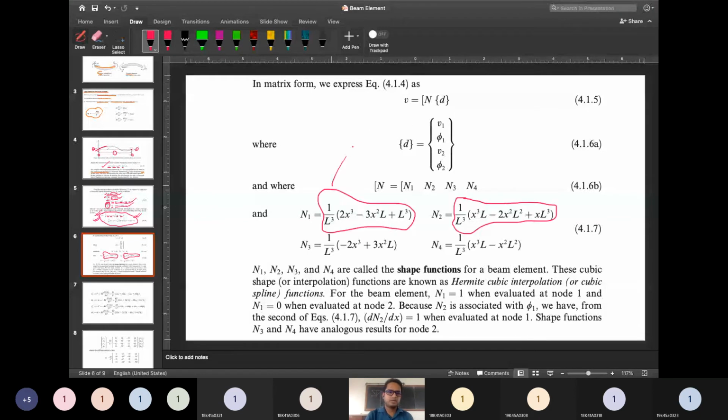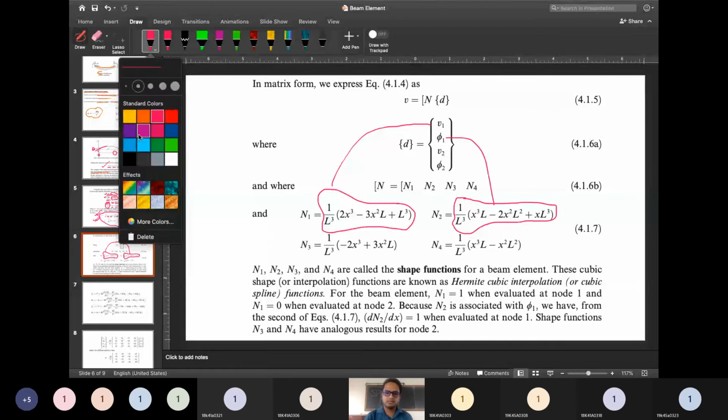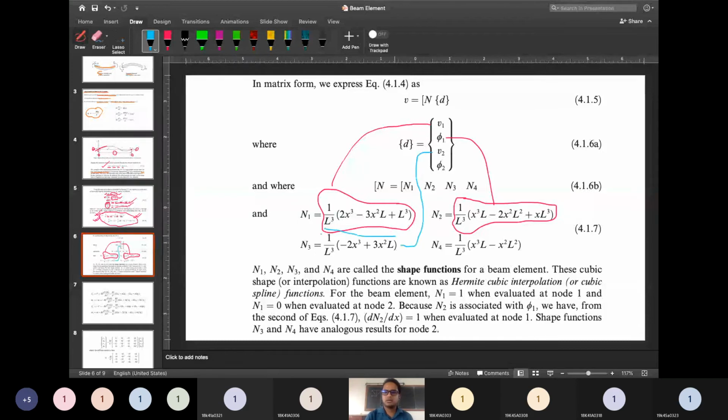And let me change the color. Now for V2 you will get this as your coefficient, and for phi 2 you will get this, N4, what is written over here.